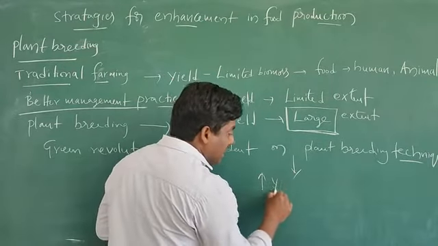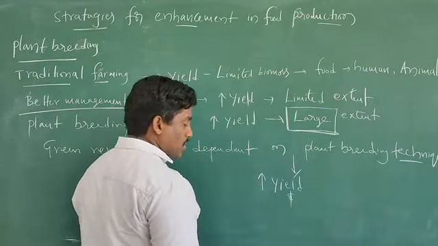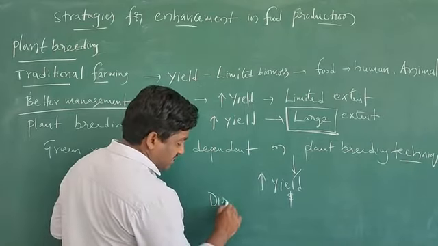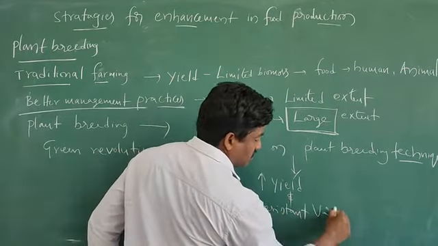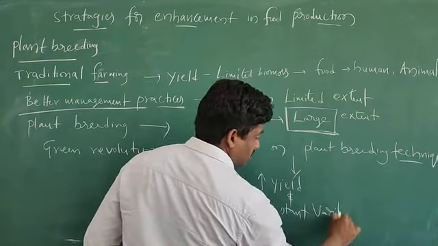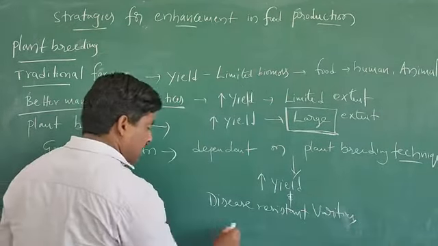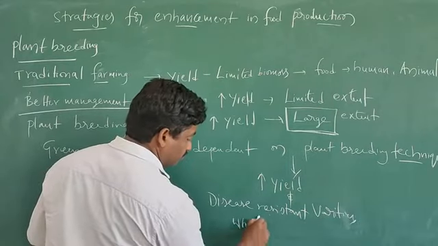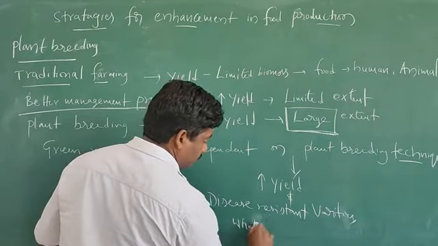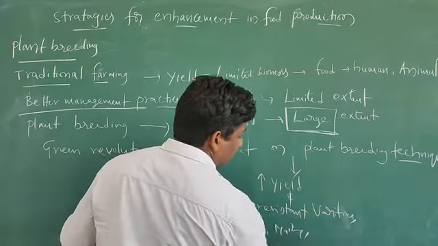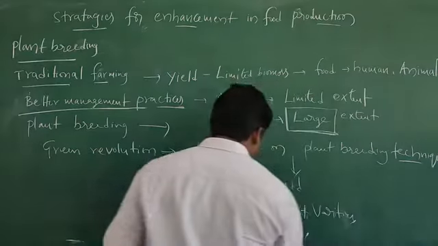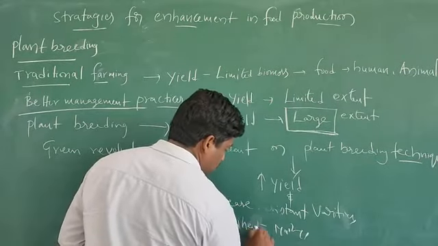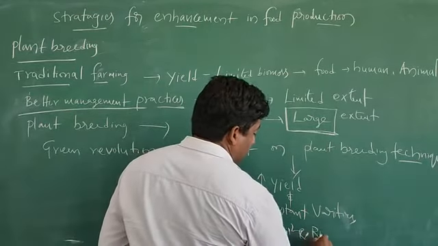As a result, the yield increased, and disease resistant varieties were also developed. For example, wheat, maize, and rice varieties were developed.